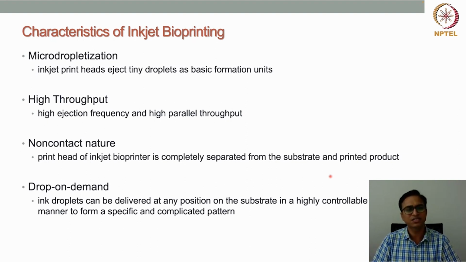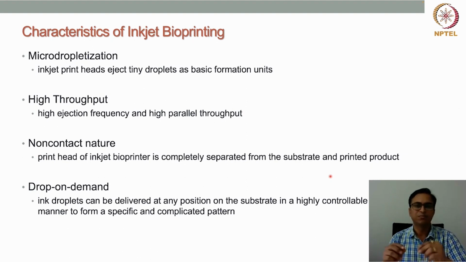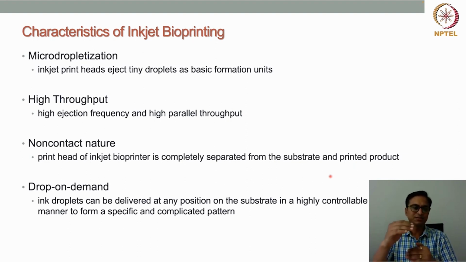Another important characteristic is the non-contact nature, because the print head and the stage are separated from each other. They do not come in contact at any time, and they are not connected to each other by any materials either, because discrete droplets are created, and they fly from the nozzle to the stage, to the substrate, right?